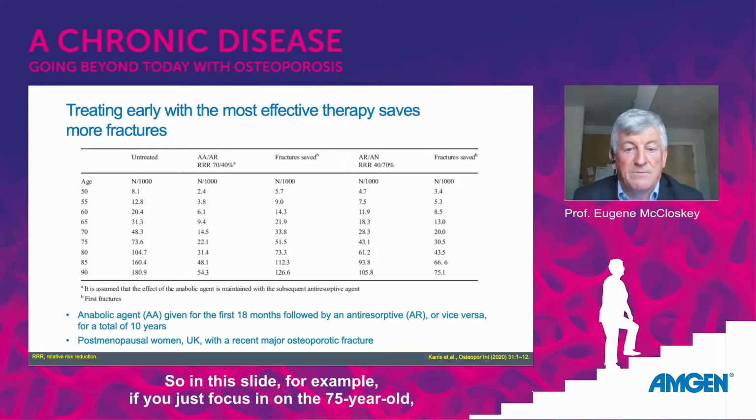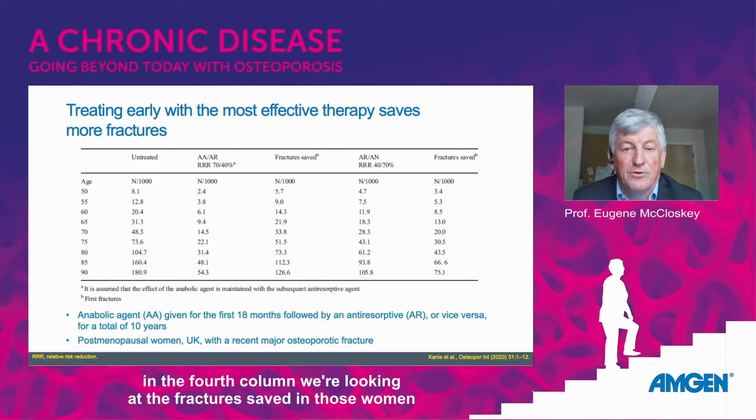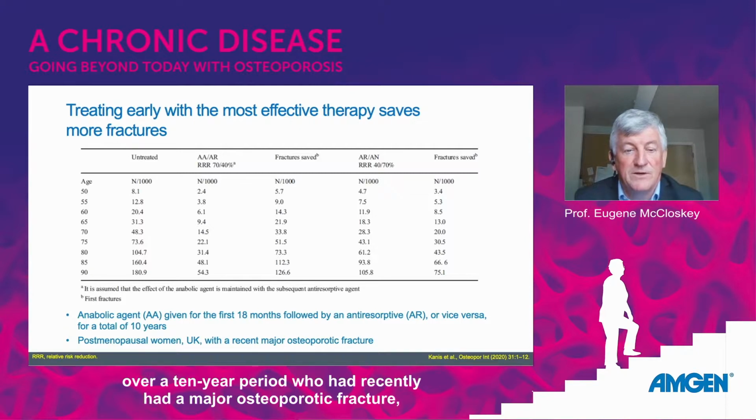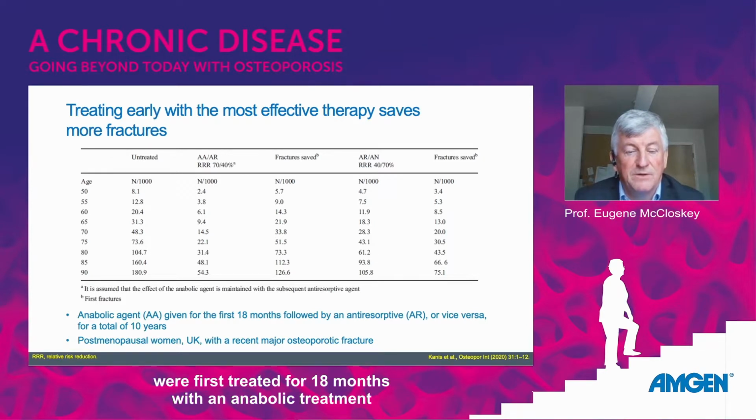So in this slide, for example, if you just focus in on the 75-year-old, in the fourth column, we're looking at the fractures saved in those women who, over a 10-year period, had recently had a major osteoporotic fracture, and were first treated for 18 months with an anabolic treatment, and then for the rest of the 10 years with an anti-resorptive treatment.